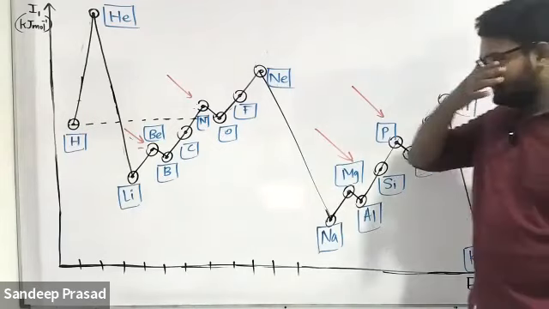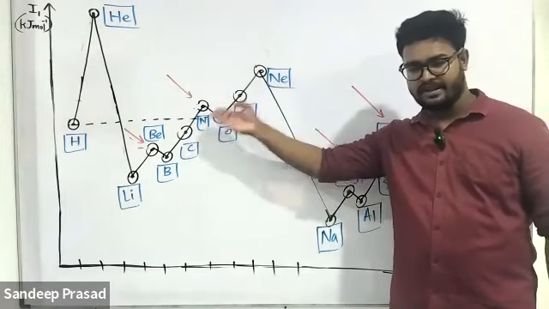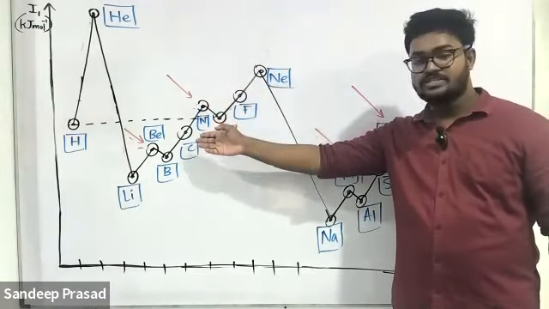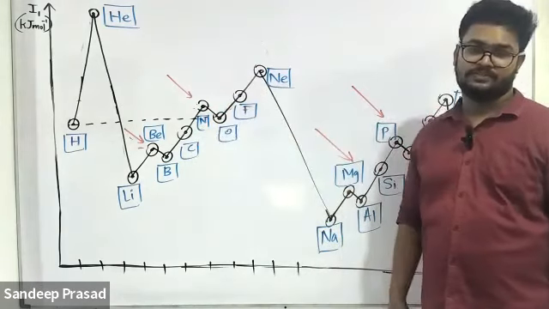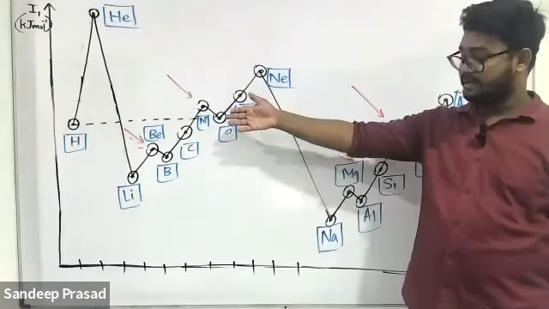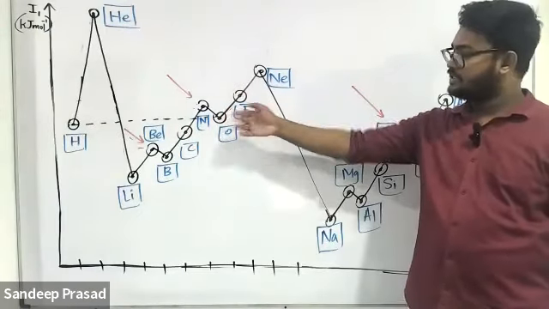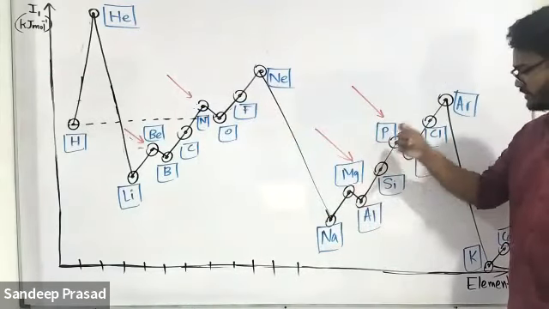And then this zigzag variation is occurring because of beryllium and nitrogen. That means s2 configuration and s2p3 configuration. Sorry, this is beryllium. Beryllium means s2 configuration. Nitrogen means s2p3 configuration. Magnesium, s2 configuration.